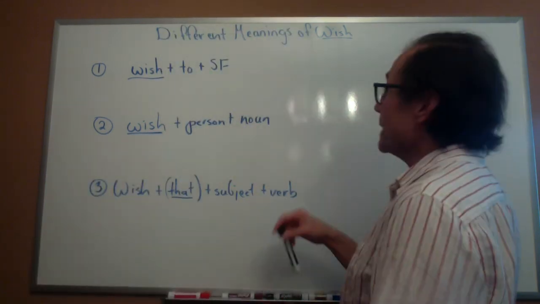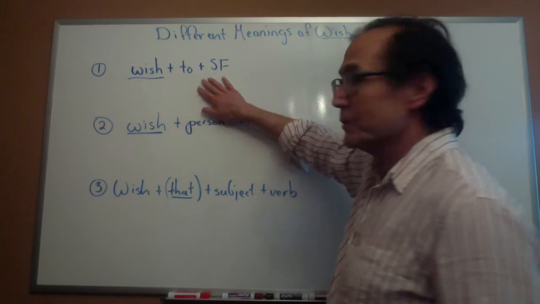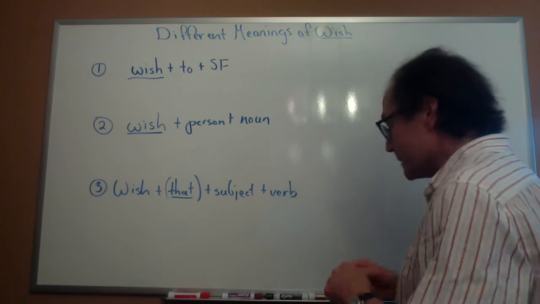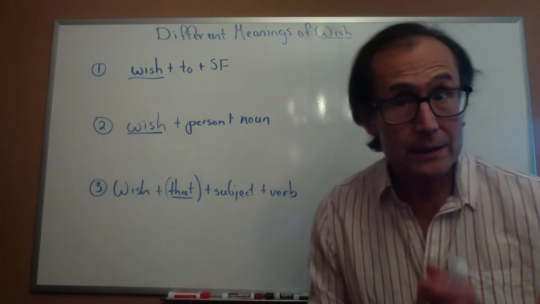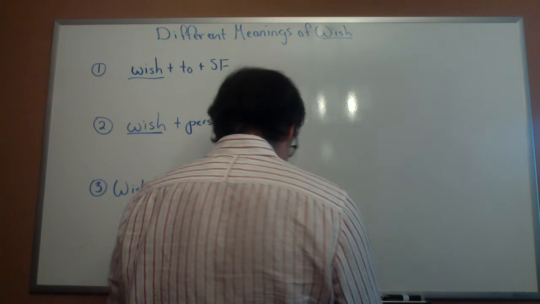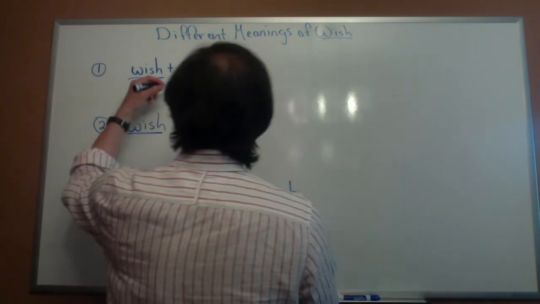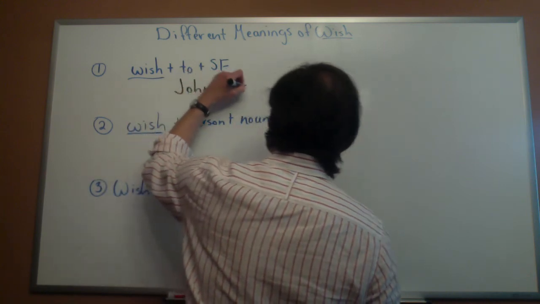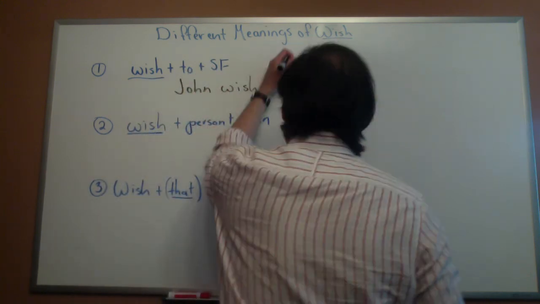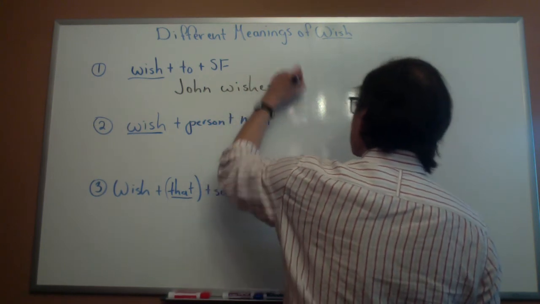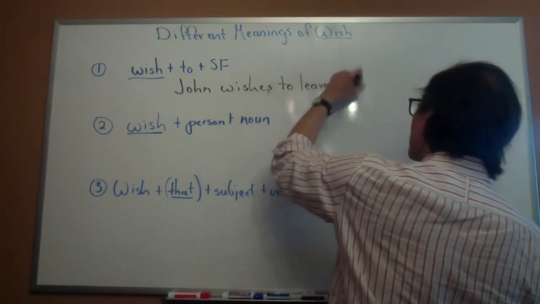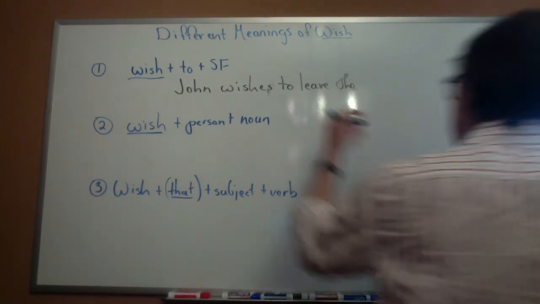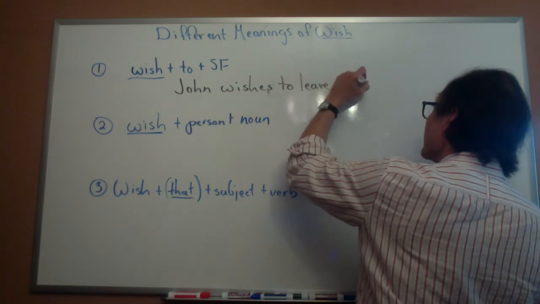The first meaning is when I use wish plus to and simple form. So here, let me give you a sentence, and then let's talk about what wish means in this sentence. Okay, so I might say, John wishes to leave the party early.